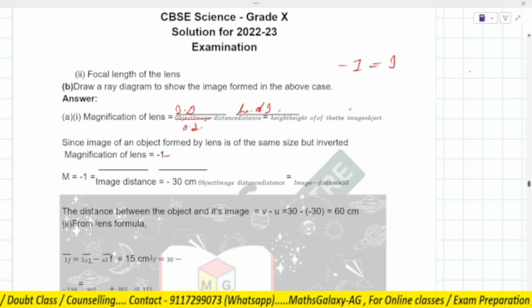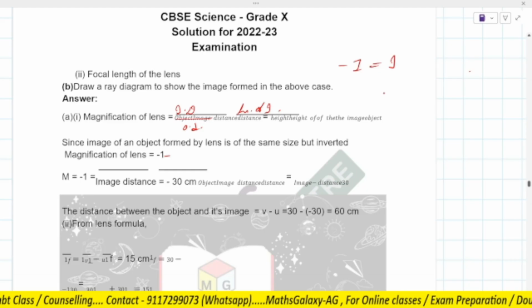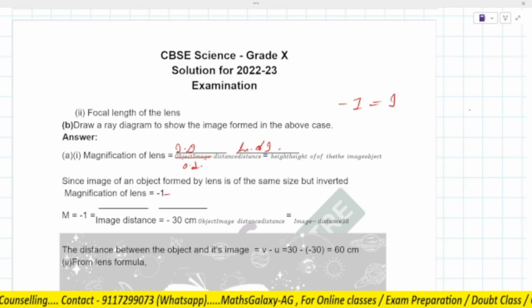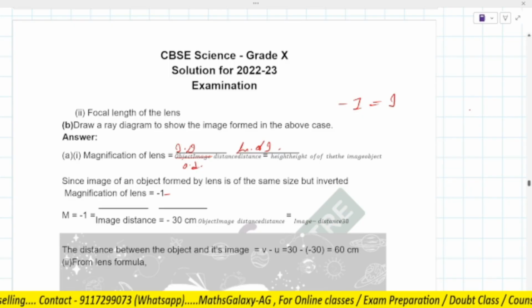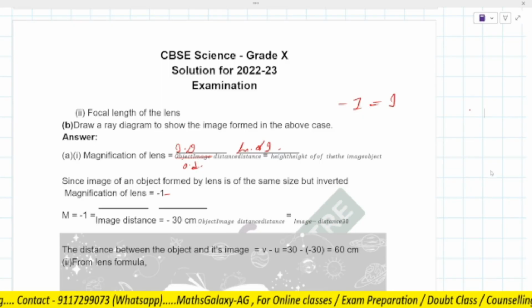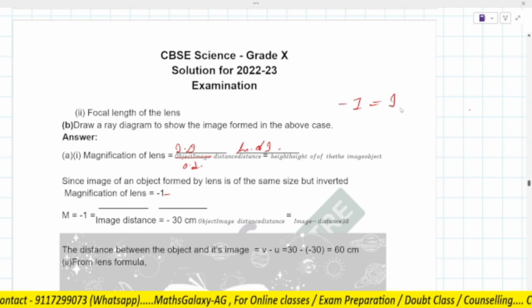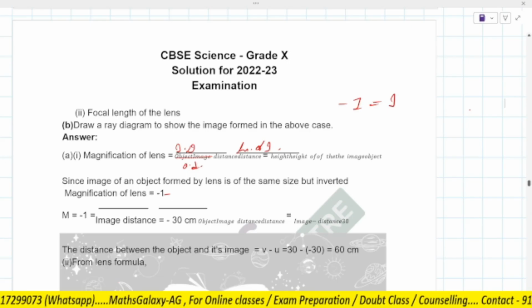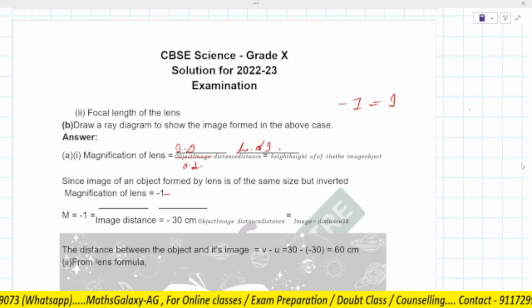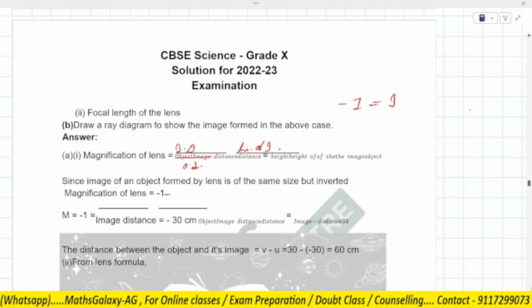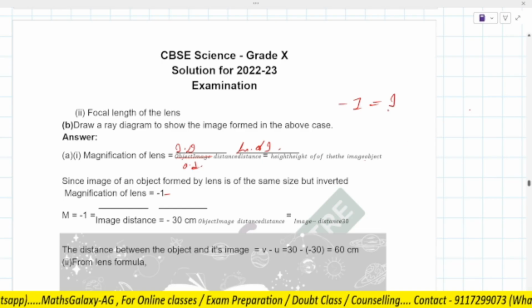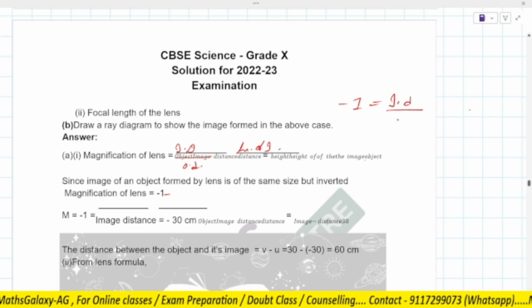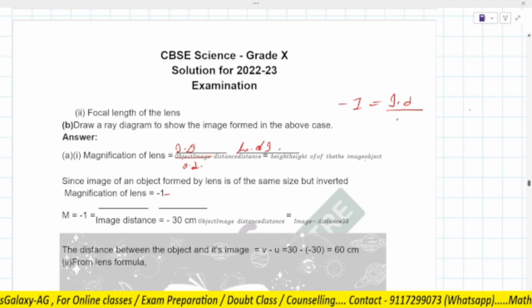So here it's image distance by object distance.